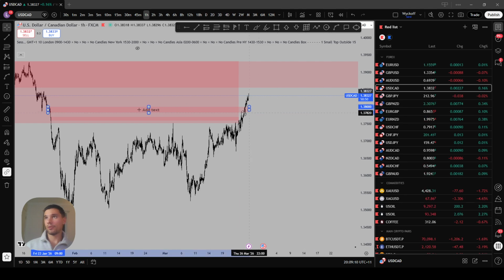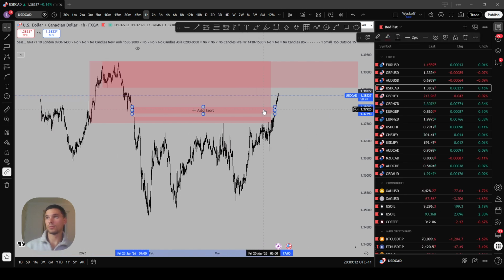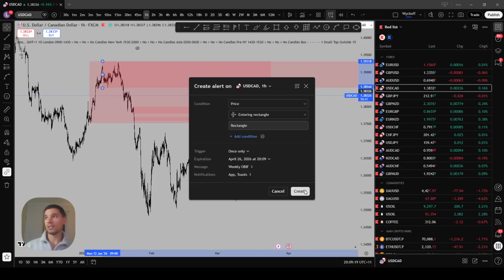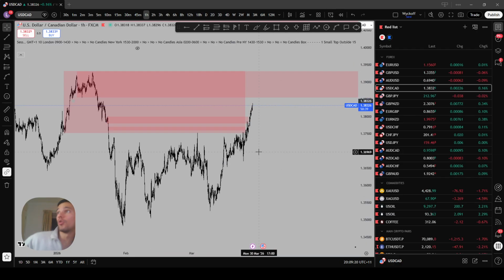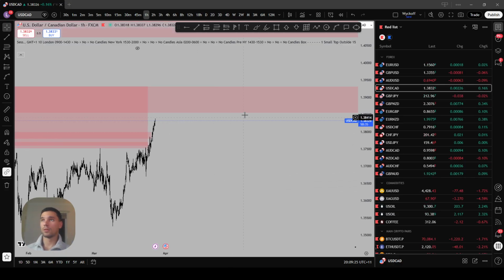Yeah, we've pretty much ran through everything here. This is now the next supply POI to monitor. Otherwise, I would not be looking to catch any form of distributions in this no man's land here.